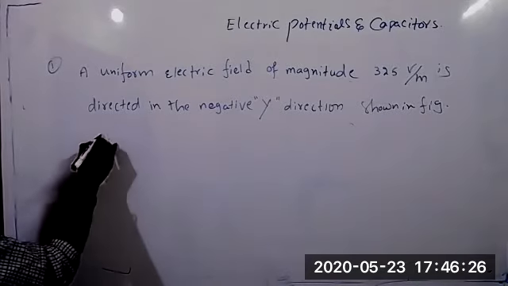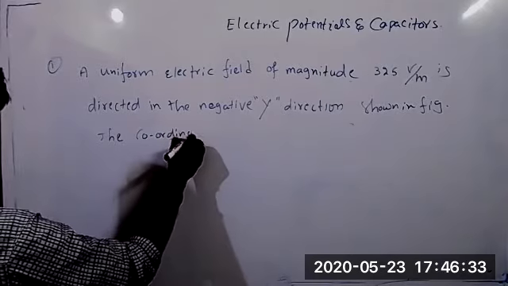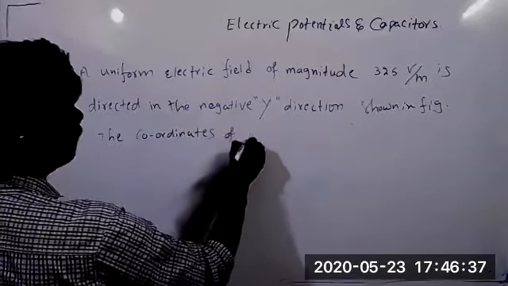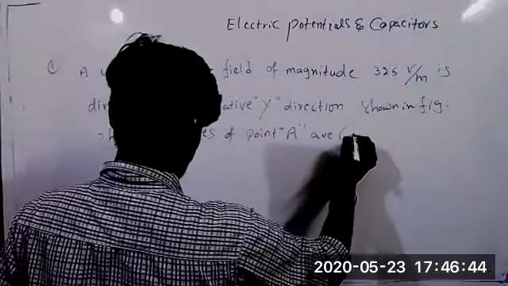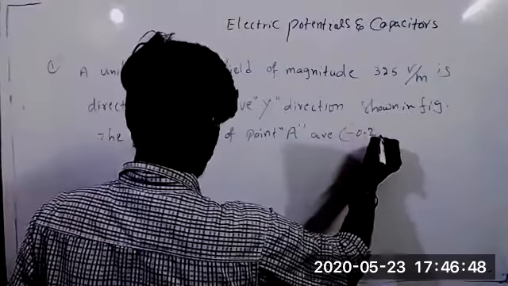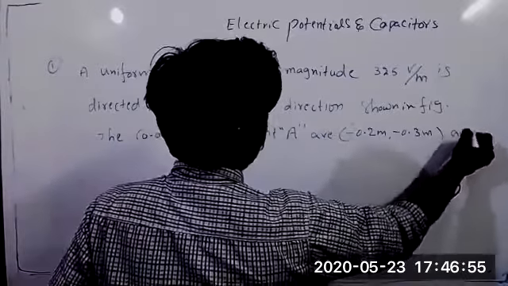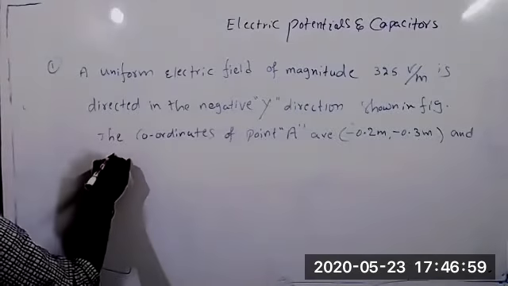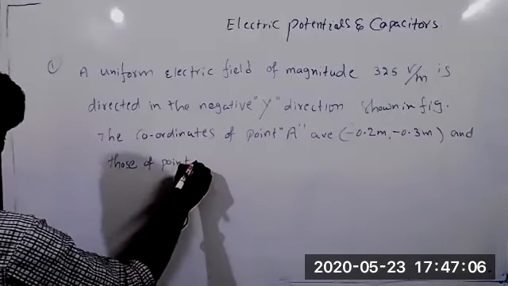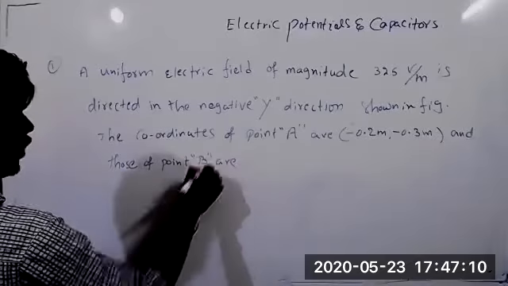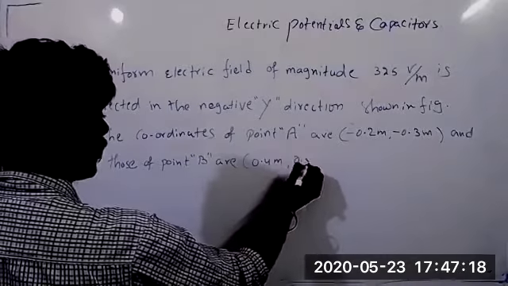The coordinates of point A are minus 0.2 meter, minus 0.3 meter, and those of point B are 0.4 meter, 0.5 meter. They have given nothing else about point A and point B.